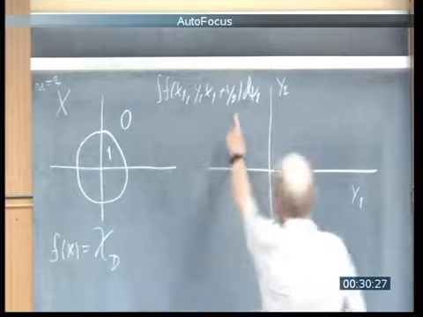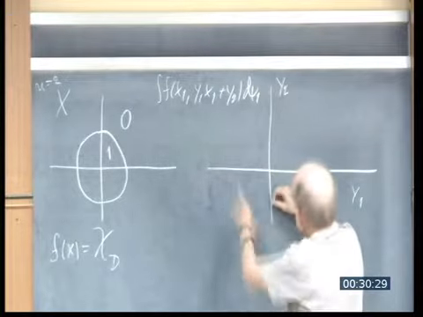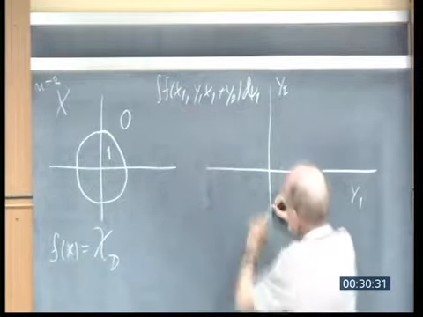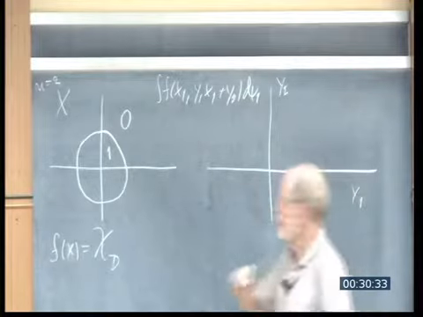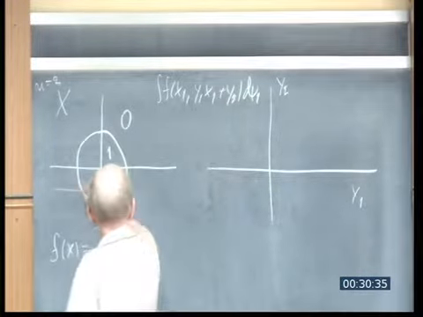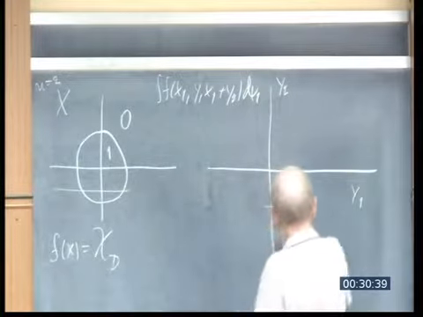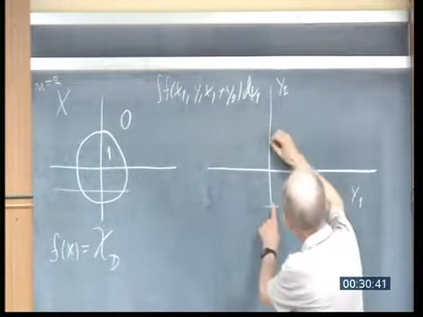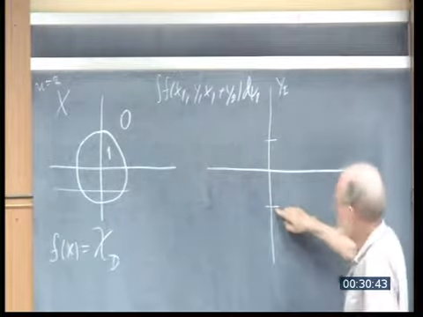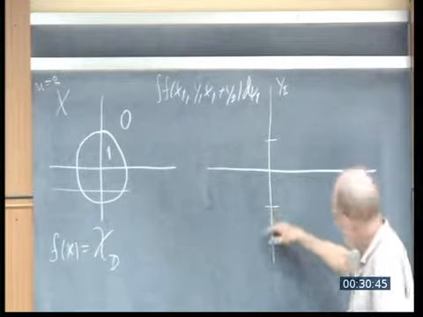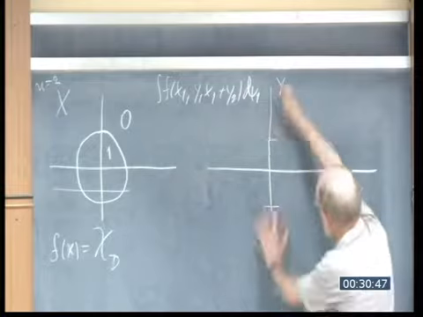So if y2 is 0, then this means just integrating along a line like that, and the integral will obviously be 0 below y1 minus 1 and 0 up here.